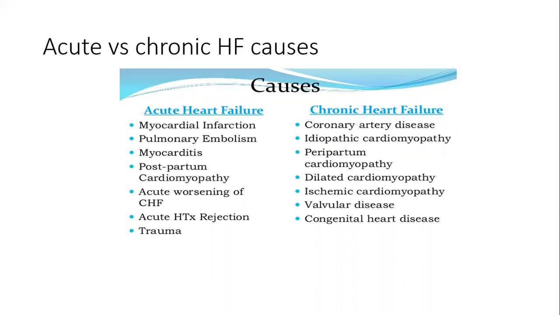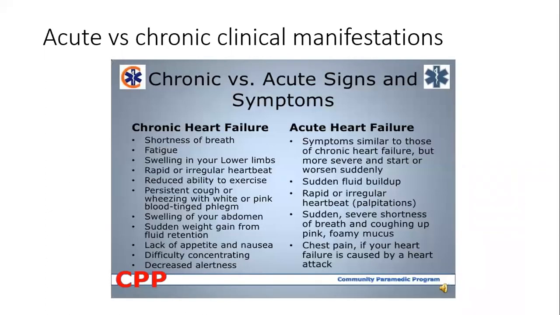Chronic heart failure is due to coronary artery disease, idiopathic cardiomyopathy, peripartum cardiomyopathy also can happen, dilated cardiomyopathy, ischemic cardiomyopathy, valve disease, and then also congenital abnormalities. So the symptom differentiation. In chronic, there's some overlap between these sets of symptoms. So there's shortness of breath in both, but in acute, it is a dramatic worsening of shortness of breath. There's a rapid or irregular heartbeat in chronic, and you may see that in acute.